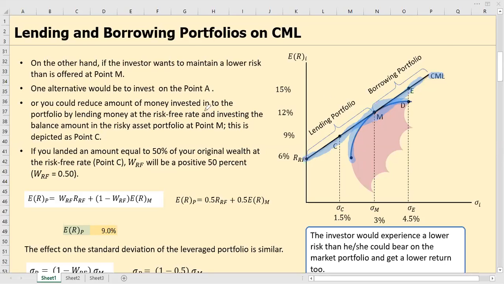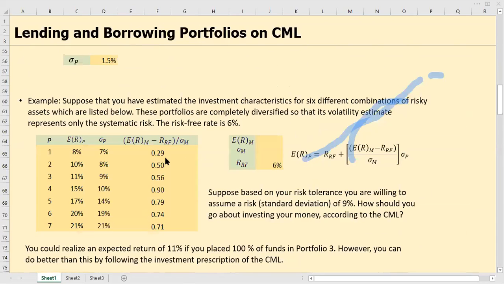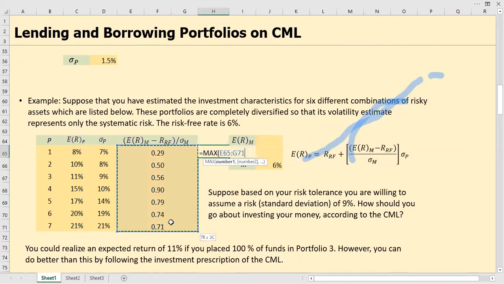So all you have to do now is identify the maximum value out of the portfolios that are given to us. What is the maximum value here? You can identify it easily in Excel using max. You give the range, and it gives you the maximum value, which is 0.9.